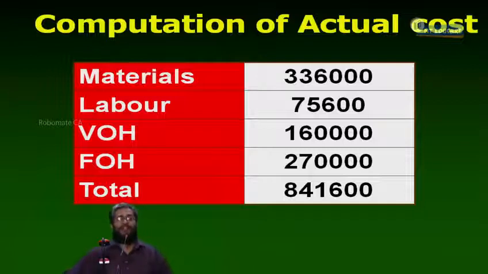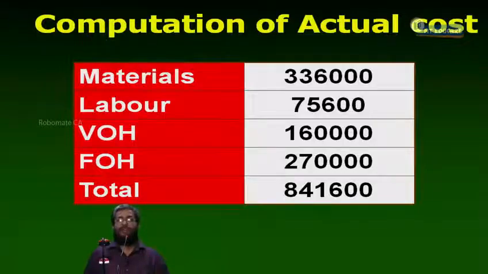Can you name the three types of cost? Budgeted cost, standard cost, actual cost. Budgeted cost: 30,000 units into 30.7. I plan to produce 30,000 units and spend 30.7 per unit. That is 9,21,000 rupees.